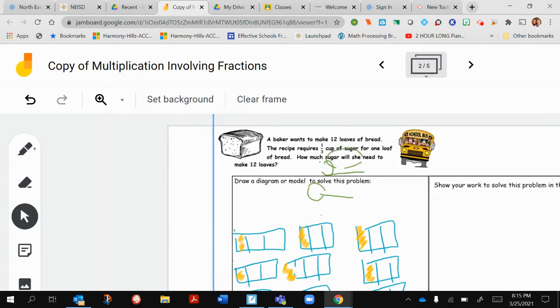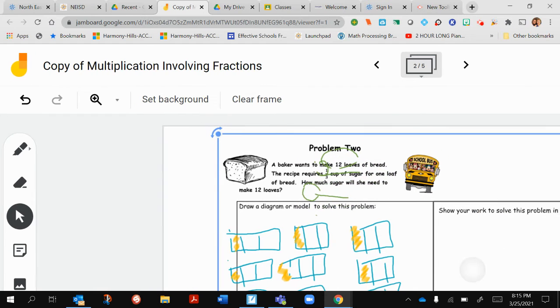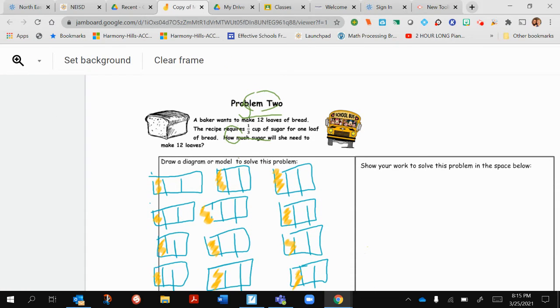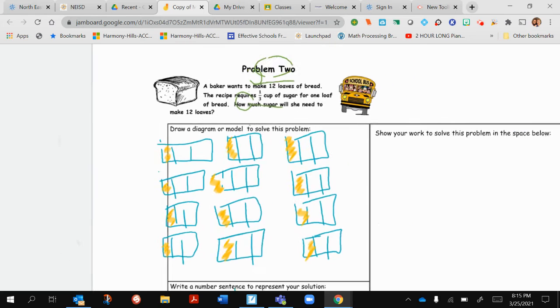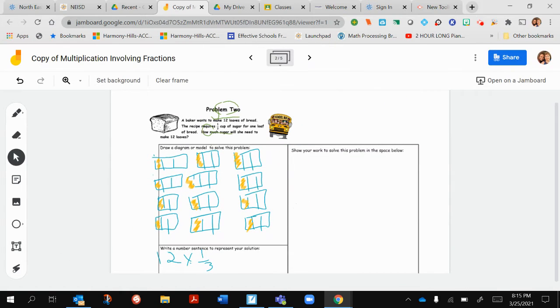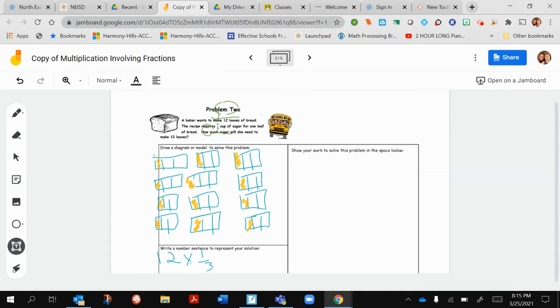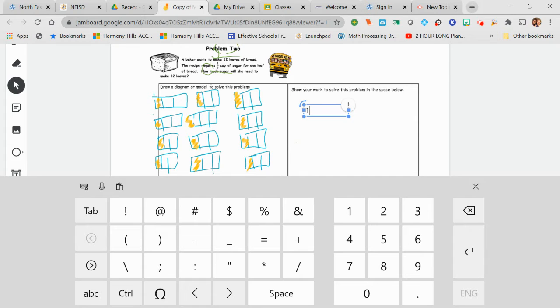I was typing something down, and where did it go? Oh my goodness gracious, I apologize for this. Where did it go that I was typing it? Okay, so here we go.